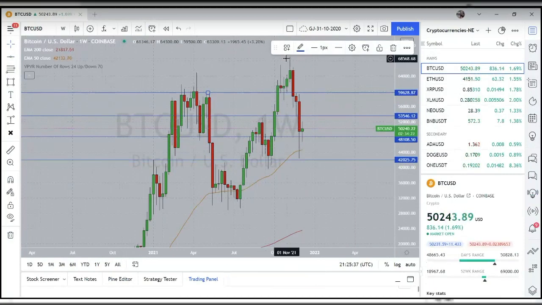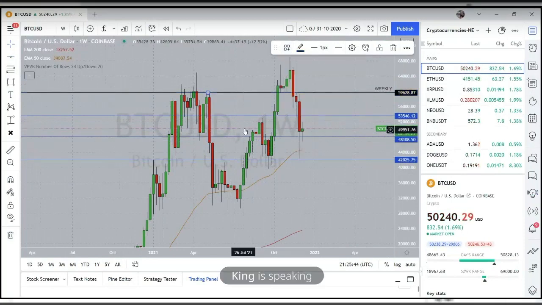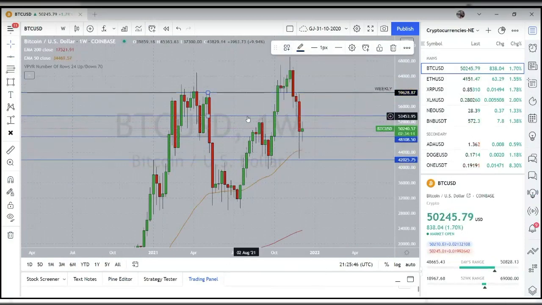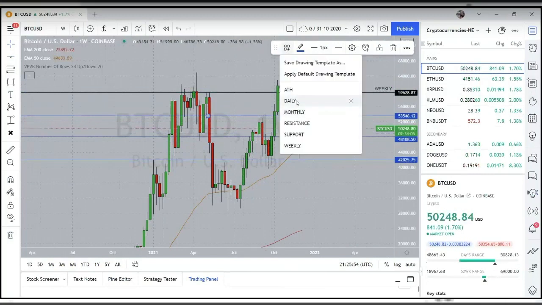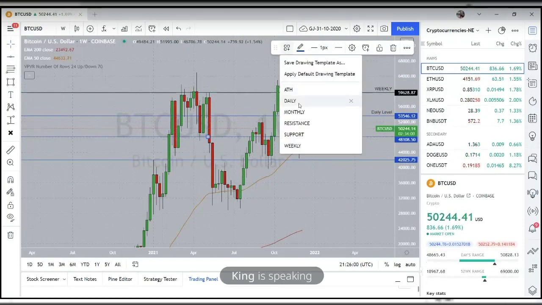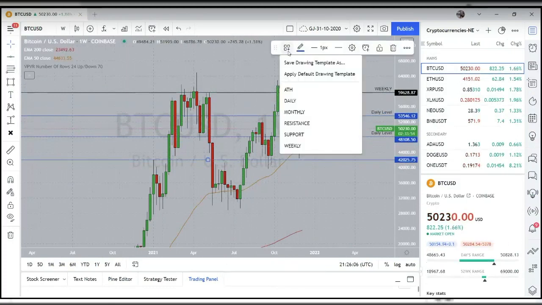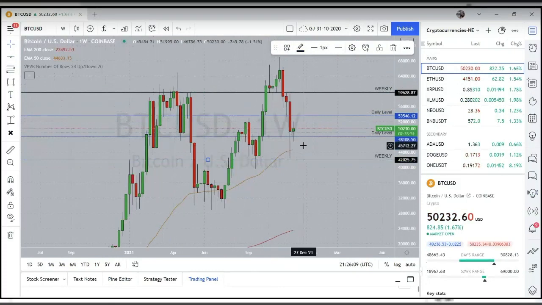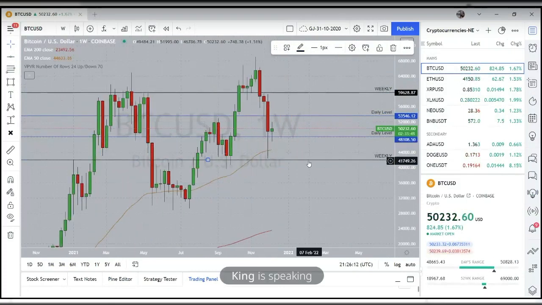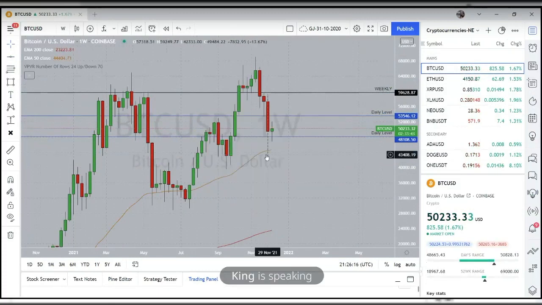So this is a weekly level up here. This one is more of a daily. Give that daily, this one weekly. And I'm going to make this 43k.